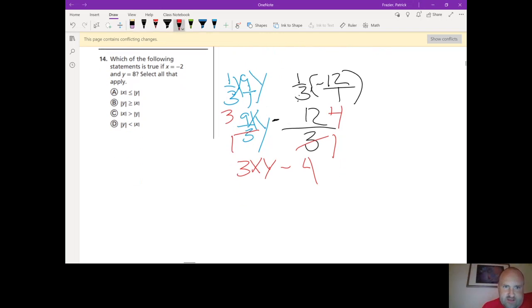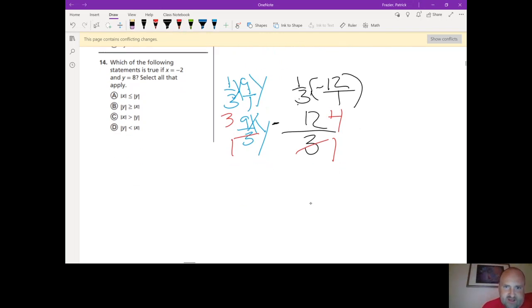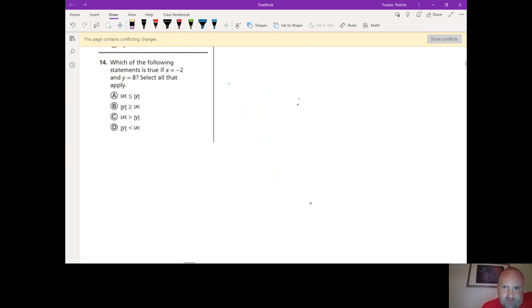And then finally, for 14, which of the following statements is true if x equals negative 2 and y equals 8? Select all that apply. So just remember the absolute value of negative 2 is positive 2, and all of these have x in absolute value and y in absolute value.